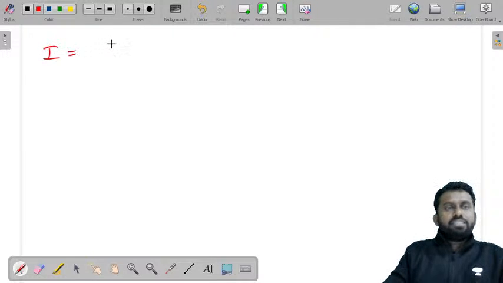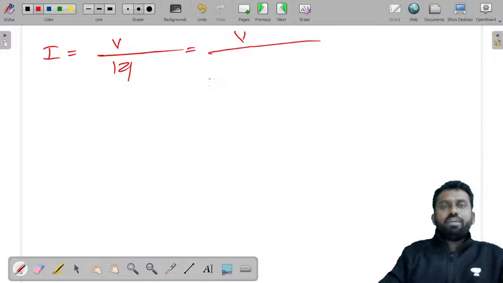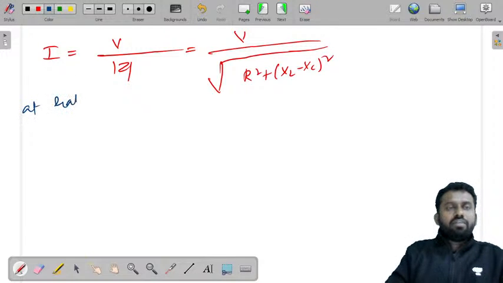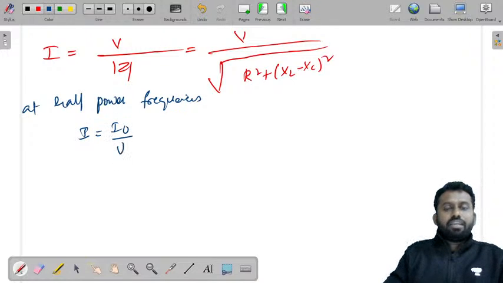So you can write I is equal to V by mod Z, which is V by under root of R square plus (XL minus XC) whole square. At the half power frequencies, I is equal to I naught by root 2.